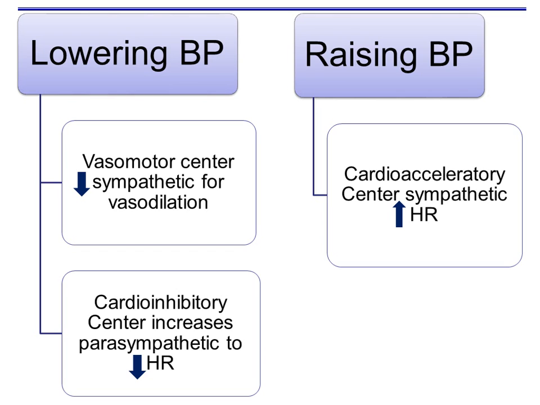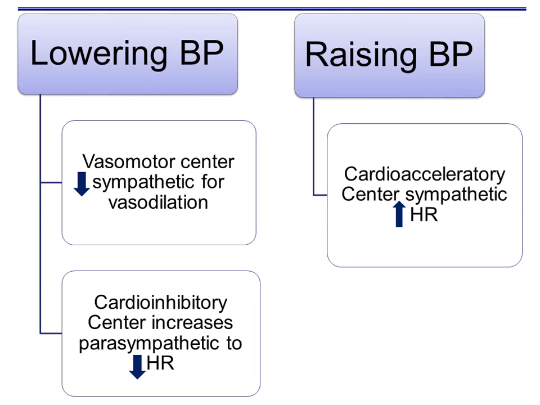At the same time, I'm going to manipulate heart rate. So if my blood pressure were already too high and I need to lower it, not only will I affect resistance on the blood vessels by dilating them, I'm also going to slow my heart rate by activating my cardioinhibitory center.